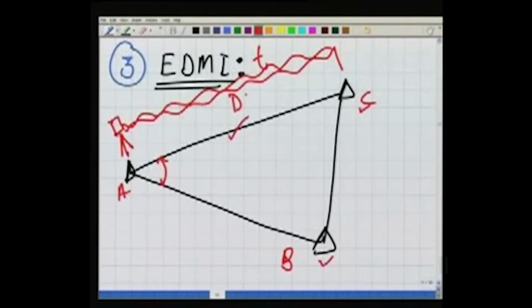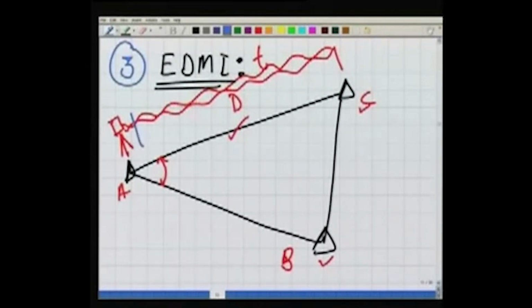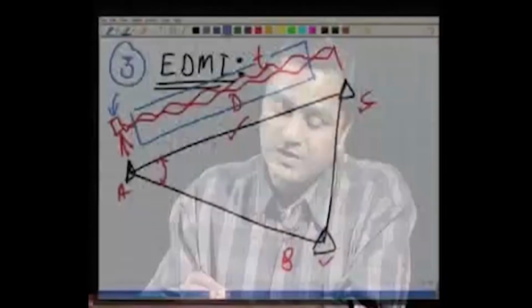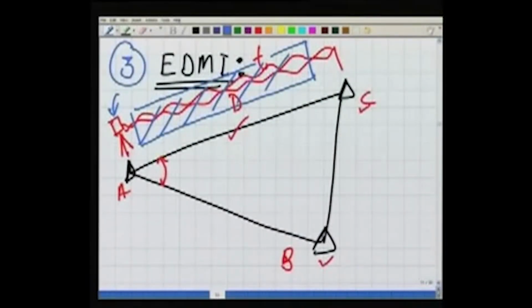So we have seen this principle of EDMI before in one of our lectures, and we know the accuracy of EDMI will depend upon how accurately we can represent the atmosphere in between, in this column here in the instrument. Because once the instrument is actually making the computations, we should input the actual atmospheric conditions, because this is what the C, the speed of light, will depend on.